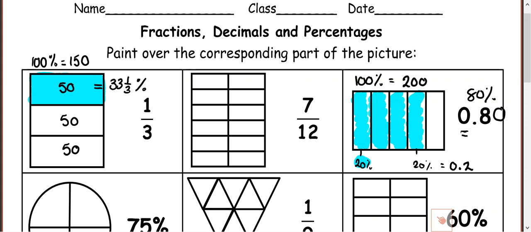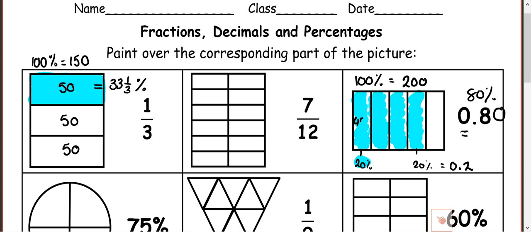Why? Because basically you're dividing 200 by 8 or 80. No, 8. You're dividing 200 into how many blocks? 5. What's 200 divided by 5? How much? 40.